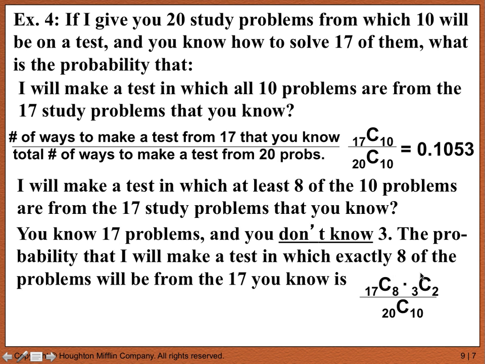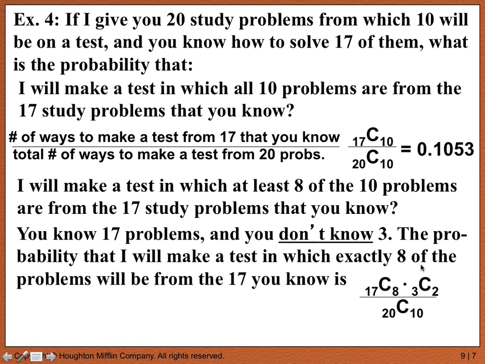But the reason I need to multiply it by the different possibilities of questions that I don't know is because for every combination of 8 questions that I do know from the 17, there's going to be certain possibilities for the 2 that I don't know, and that's given by 3C2. 3 total ones that I don't know, and 2 from that are going to make up the 2 problems on the test that I don't know.